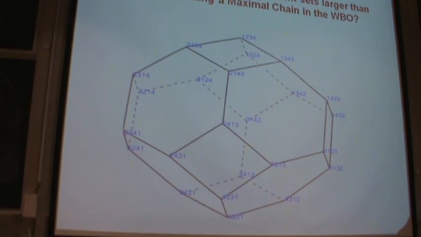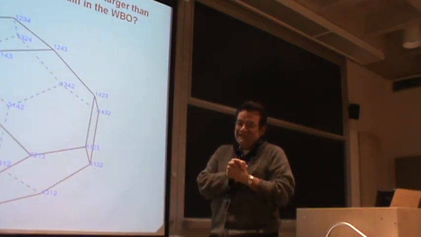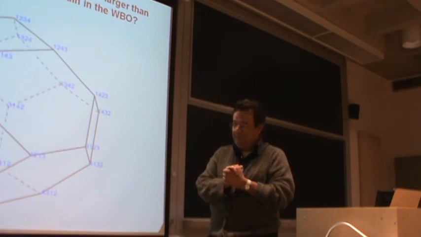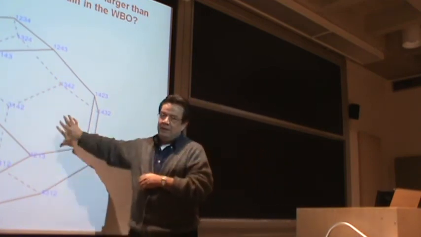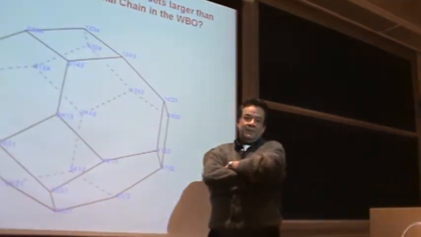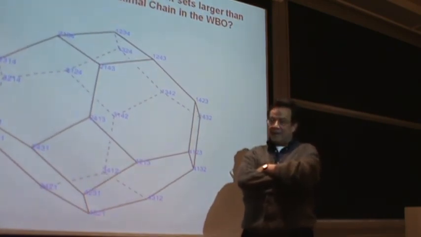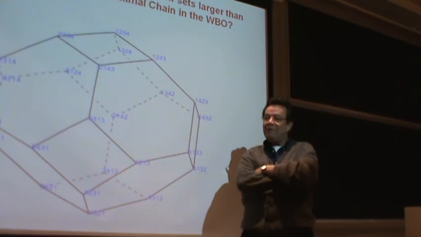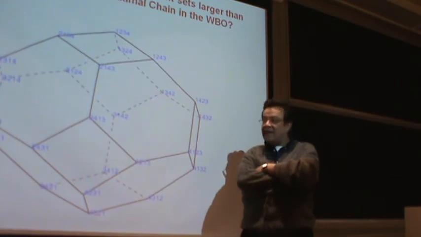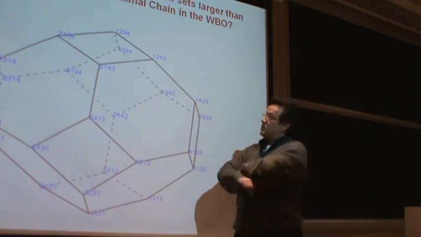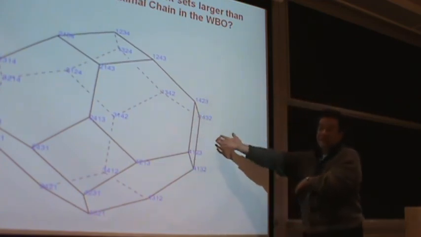All the known sets that are maximum, and for each of them you need a paper to prove that it's maximum, all of them fit this. Nobody has shown a maximum set for n greater than 6 that is not of this type. So the conjecture: are there any others that are bigger than these ones?